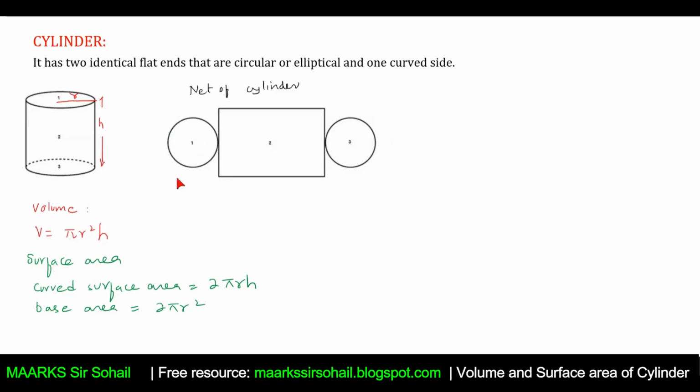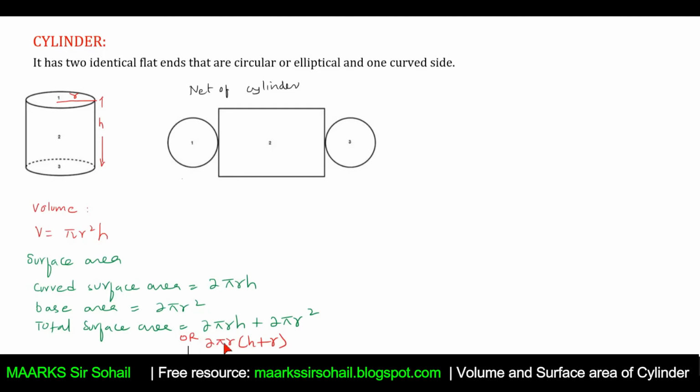So the total surface area will be 2 pi rh plus 2 pi r square, and if we take 2 pi r as common, then h plus r will be left. You can use either formula; I have just taken the common factor to make it slightly easier.